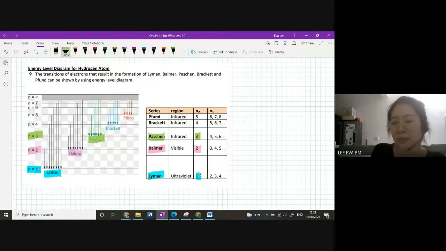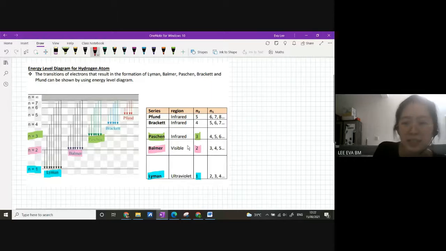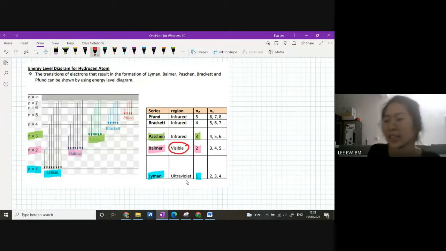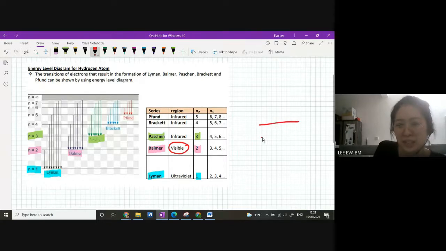Lyman, the first ground level, is in the ultraviolet region, we say UV. And then the second series, Balmer, is very popular. I circle it here. When we talk about the Balmer series, or ground energy level 2, it is within the visible region. So when I say I can see the light spectrum producing colored lines: if madam produces a line spectrum, the first line is red, the second line is green, the third line is blue, the fourth line is purple.